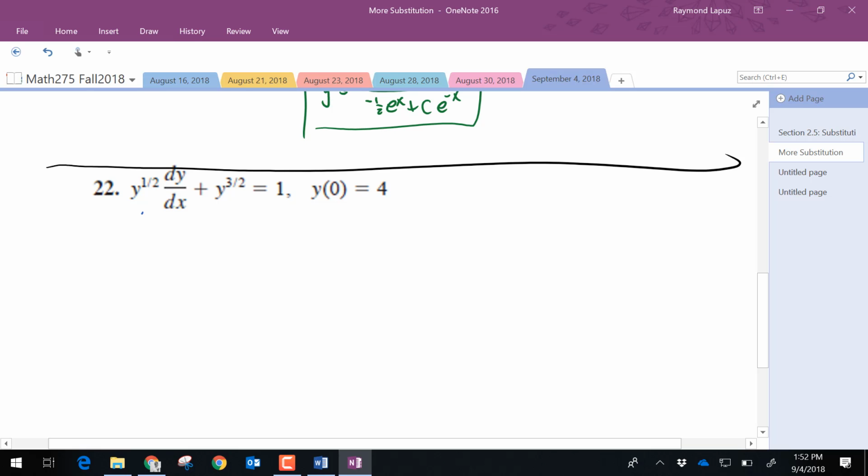So I would probably want to multiply by y to the negative 1/2 or divide by y to the positive 1/2 so that we will have dy dx. And then if we subtract 1/2 from the power, what are we going to get? Just 1, right? So y to the first. And then y to the negative 1/2.